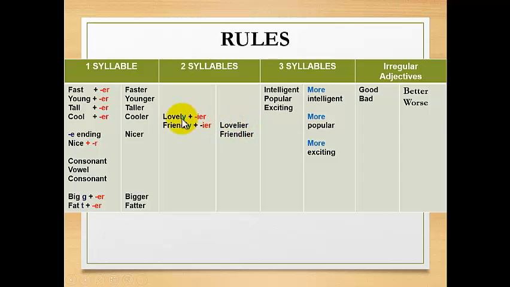So we change Y for I and we have lovelier. As in friendly, we take out the letter Y and we change it for IER. So we have friendlier.